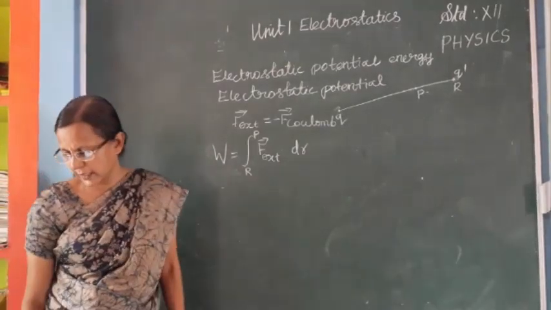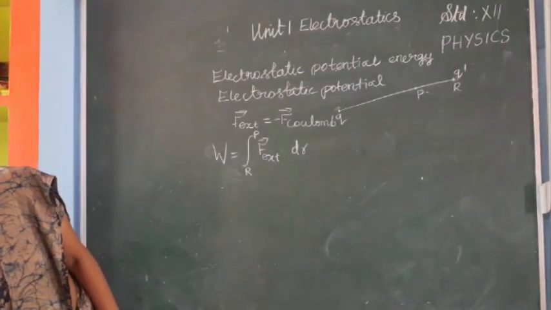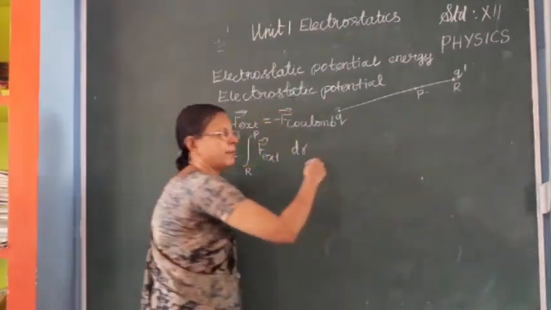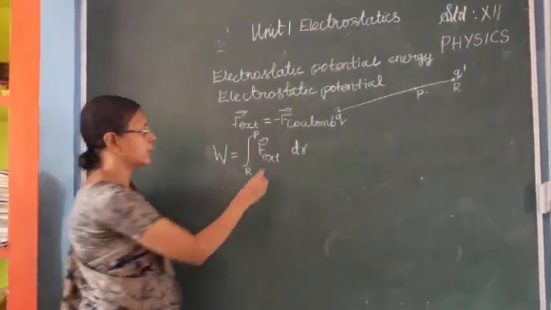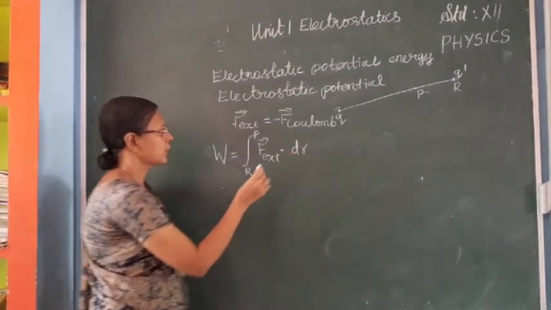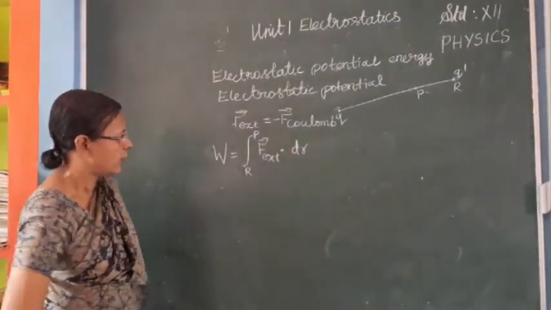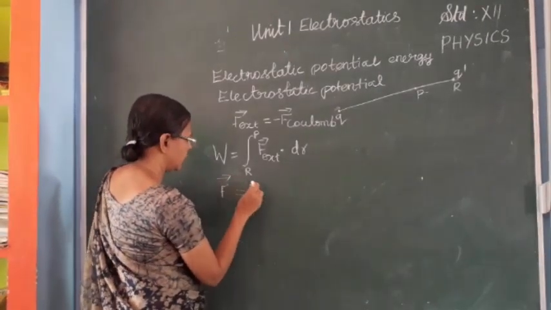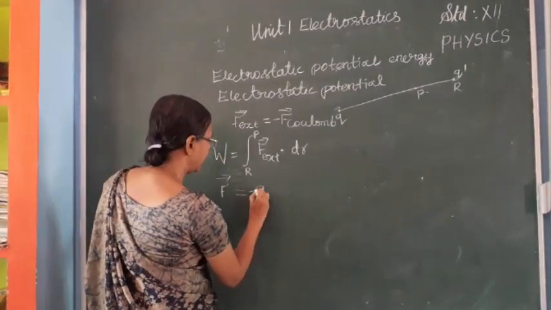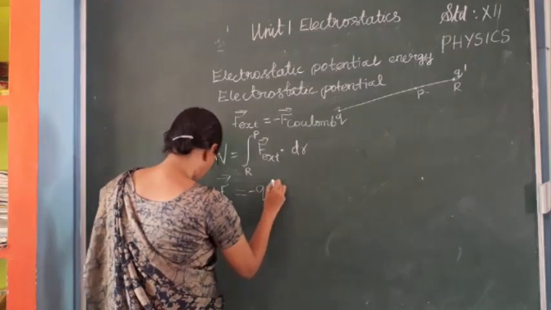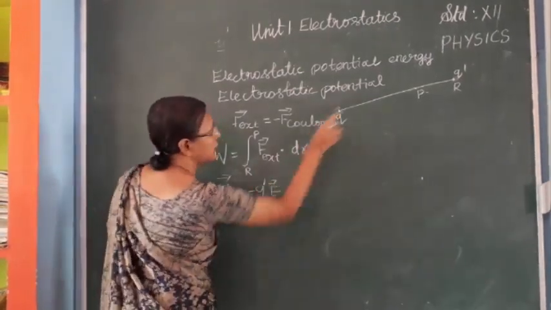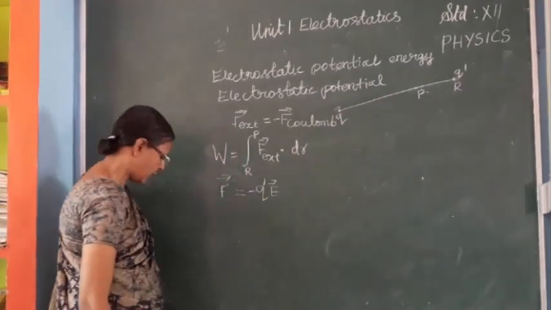We have to bring the charge with constant velocity. What is the value of F external? According to Coulomb force, it is minus Q dash E vector.